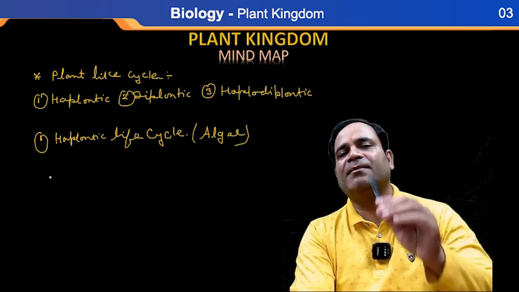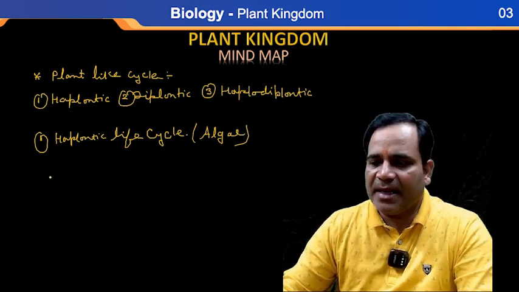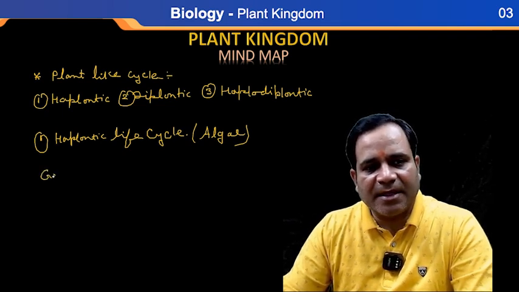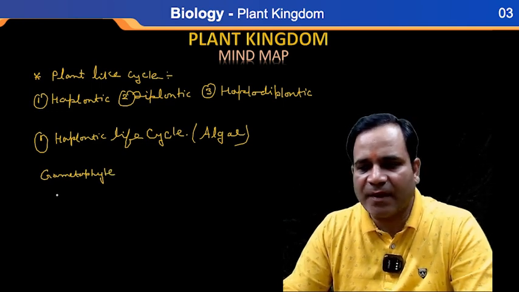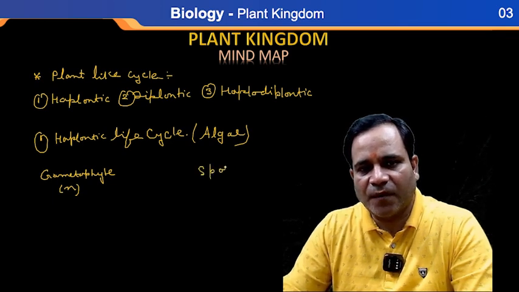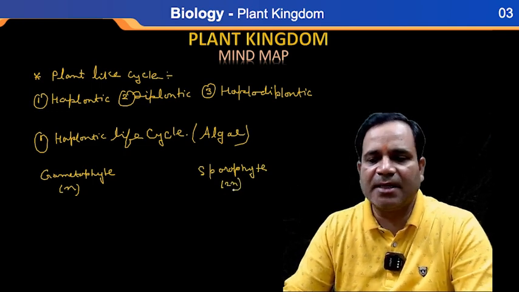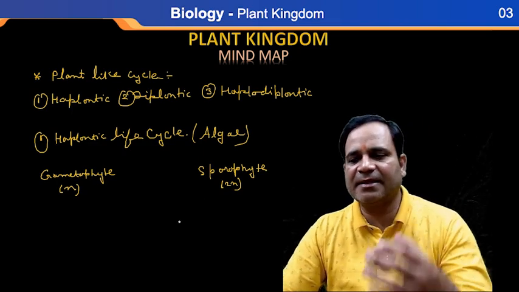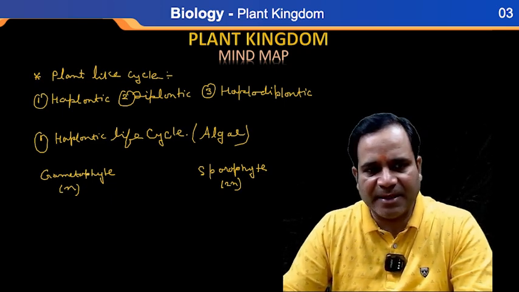And the plant which bears spores is known as the sporophyte. In the haplontic life cycle the gametophyte is haploid and the sporophyte is diploid. The main stage here is the gametophyte, which means it produces gametes.